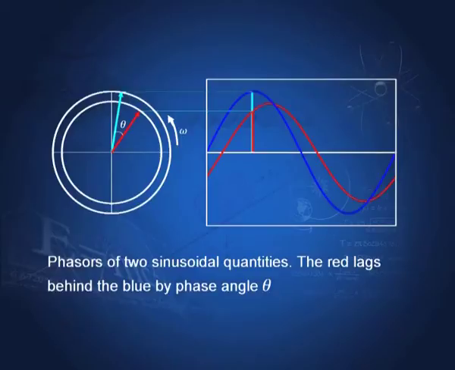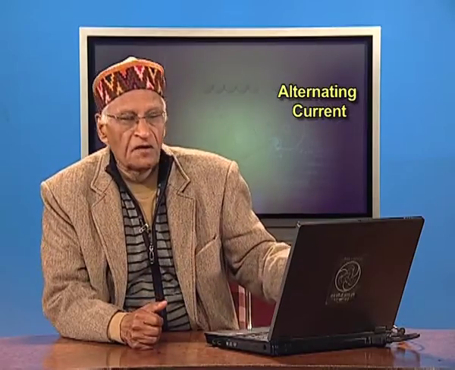We have two sinusoidal quantities represented by blue and red curves, and this red curve is lagging behind the blue curve. Therefore, the red curve lags behind the blue curve, and the two circles have radii equal to the amplitude of this and the amplitude of this. So, this is an example of two phasors.